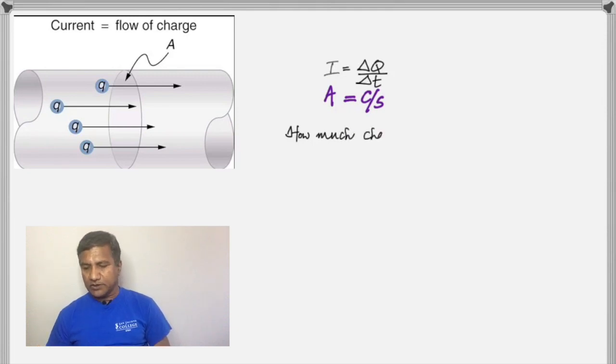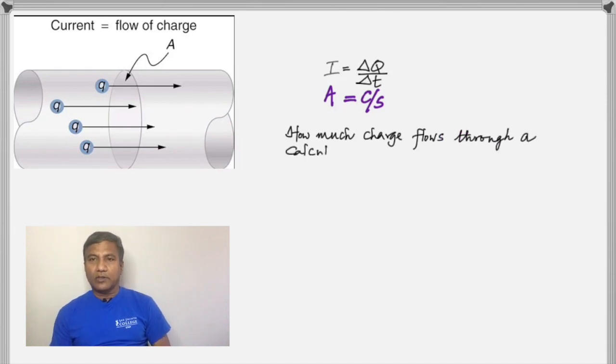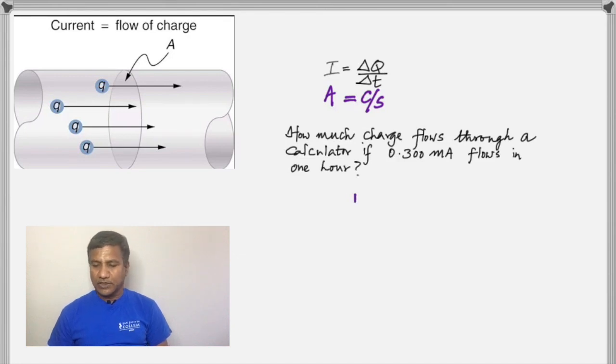So here is a simple problem, just to give you the idea how much charge flows through a conductor, or a calculator in this case, if 0.300 milliampere flows in 1 hour.